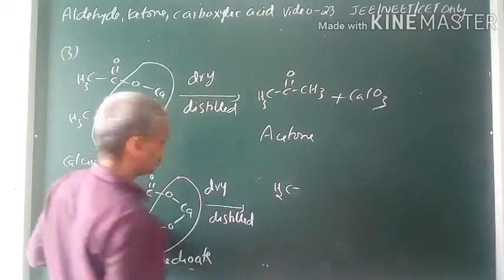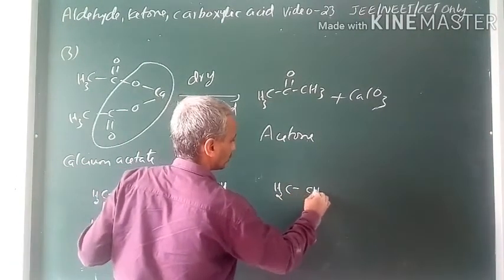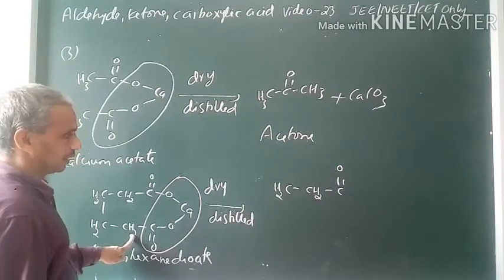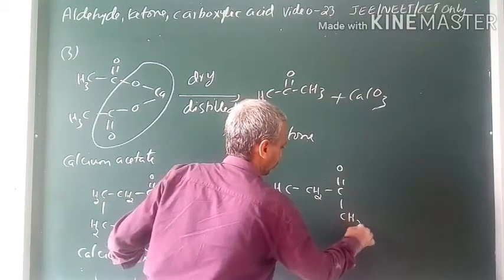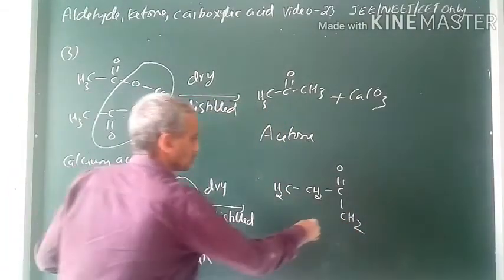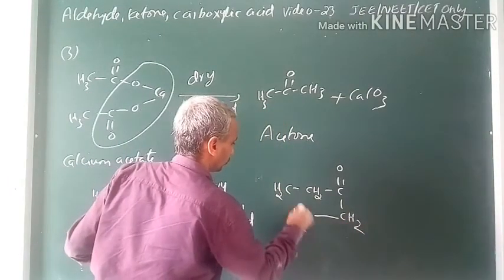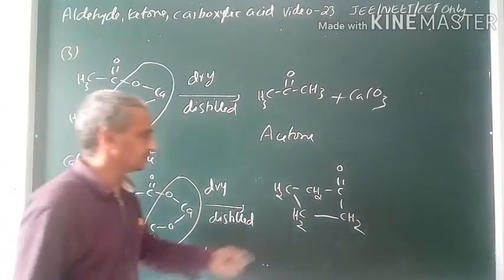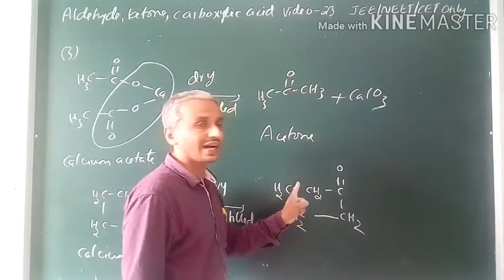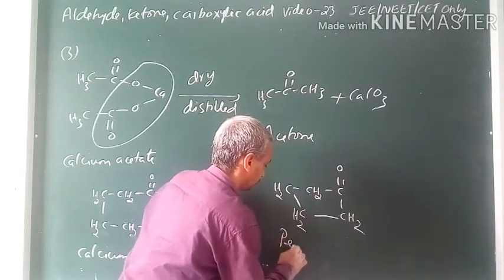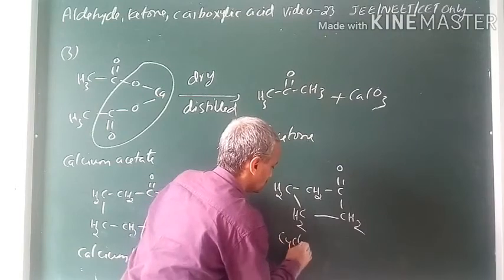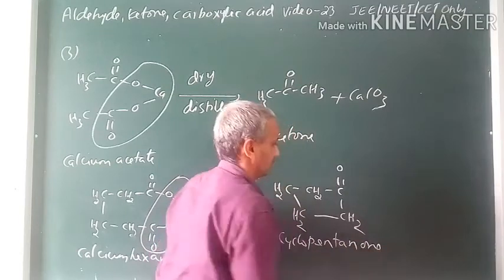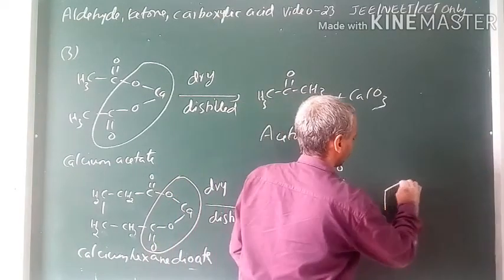CH2, CH2, C double bond O, then CH2, CH2. So what is this now? 1, 2, 3, 4, 5 carbon. Cyclopentanone, which I can write like this also.